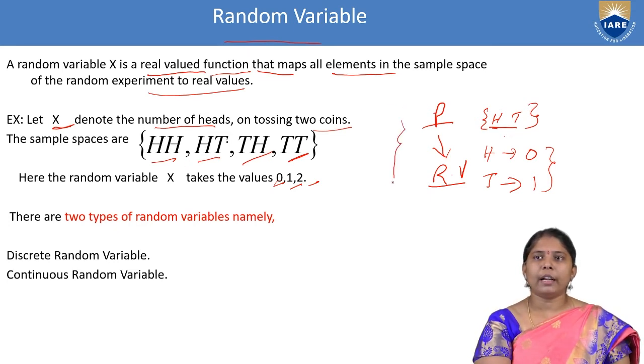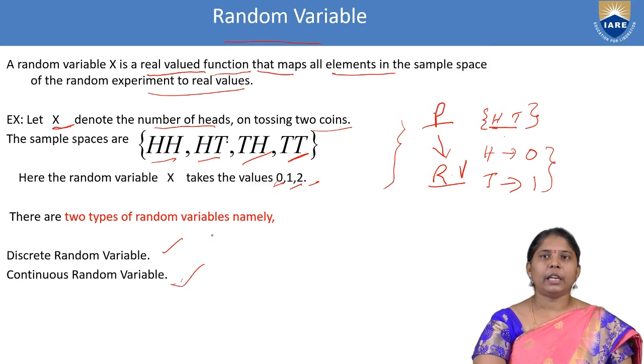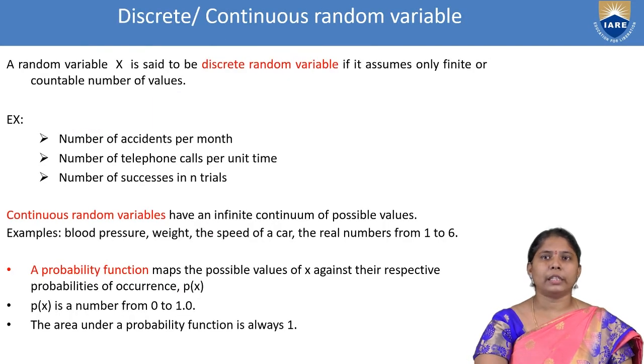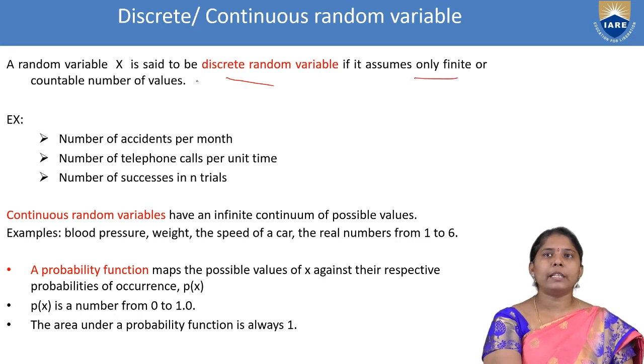After the random variable, these are classified into 2 types: continuous random variable and discrete random variable. Let us see what they are. A discrete random variable assumes only finite values, and is countable.